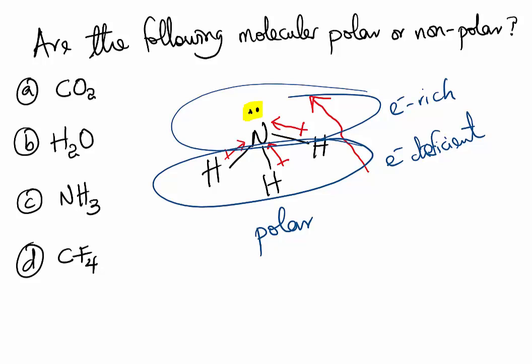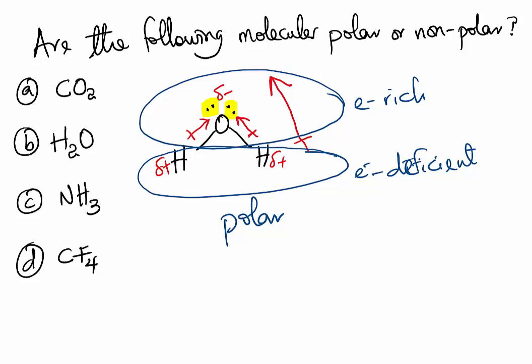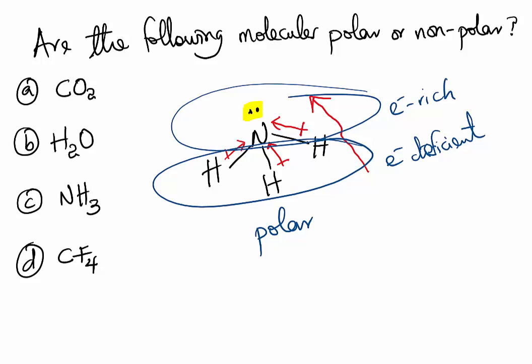Now, I want you to observe a very quick trend here. In water, we have some lone pairs on the central atom, and the molecule is polar. In ammonia, we also have a lone pair on the central nitrogen, and the molecule is polar. So, I need you to note this right now.